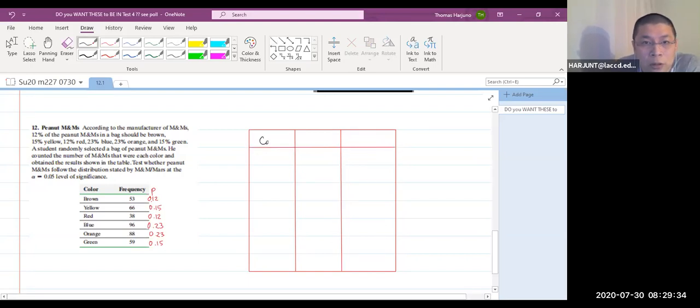This is the color: brown, yellow, red, blue, orange, green.